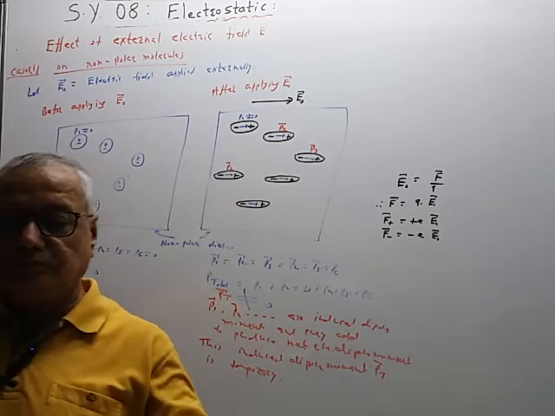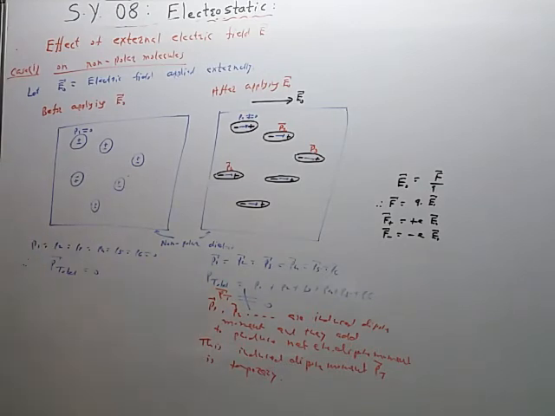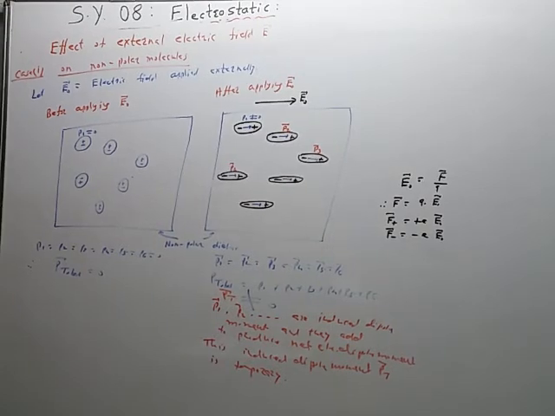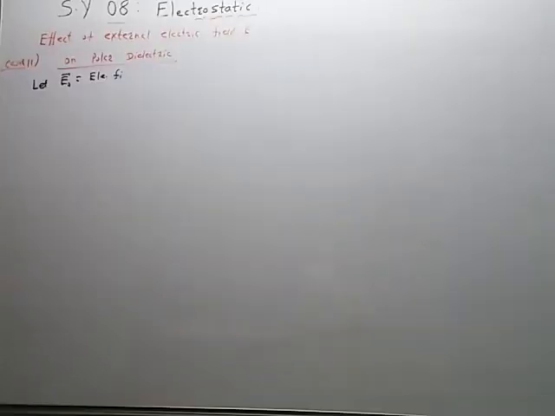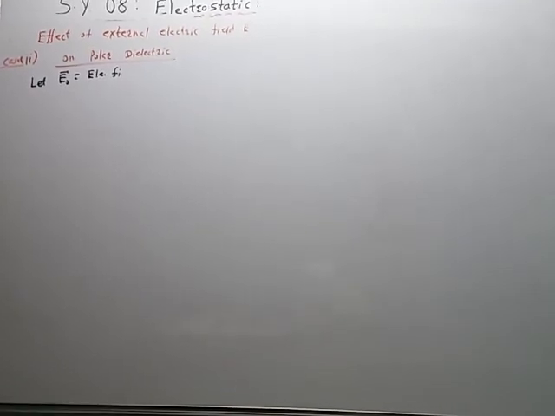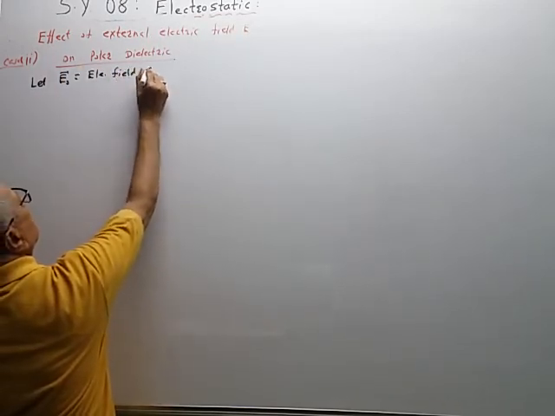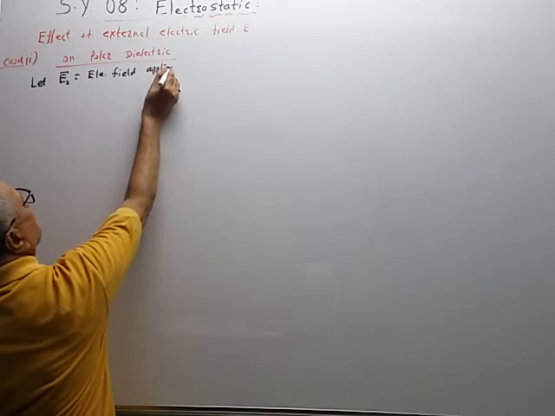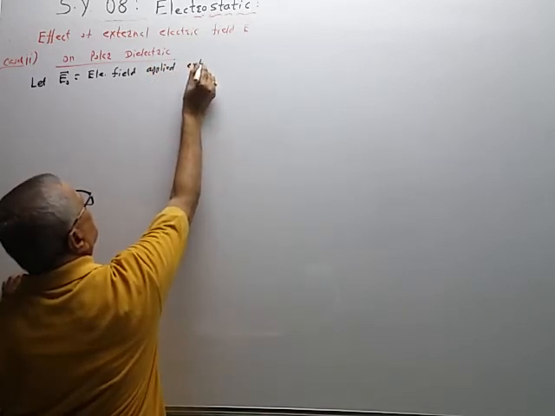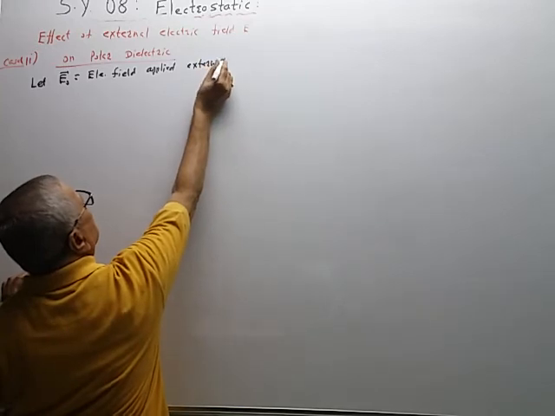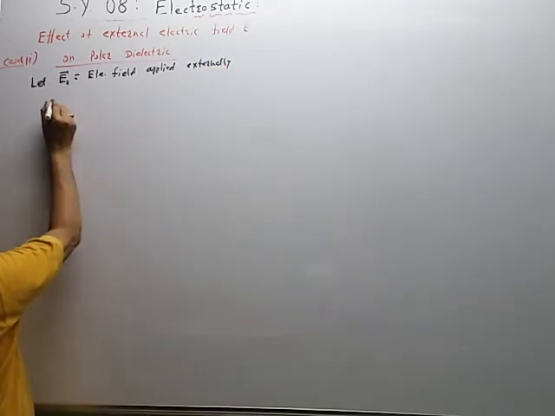Polar dielectrics, that is the second case. So actually the conclusion is important. Again we are applying the external electric field, but the material is a polar dielectric. What is the effect? Let E0 be the electric field applied externally. Again we will consider the two cases.